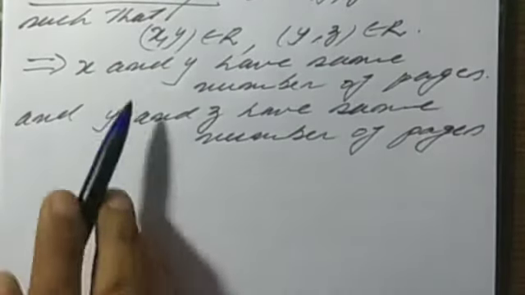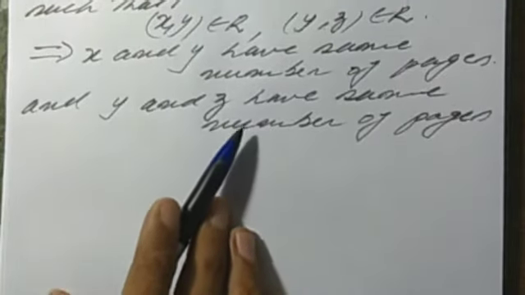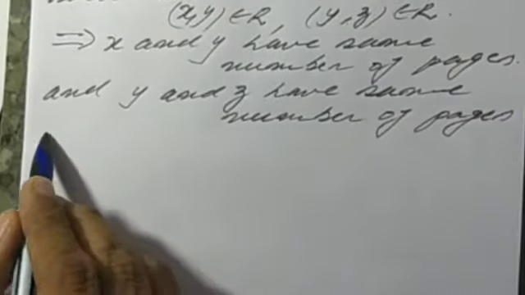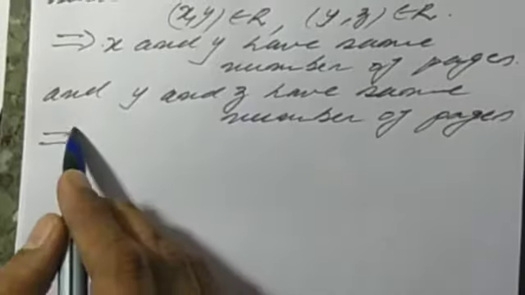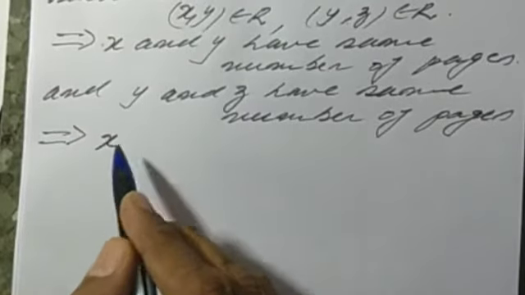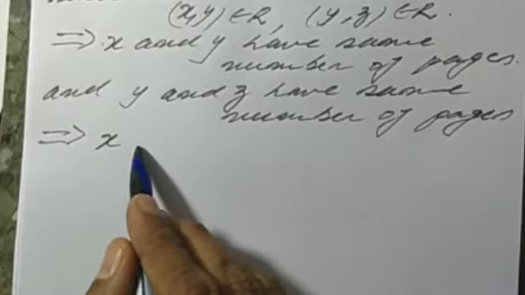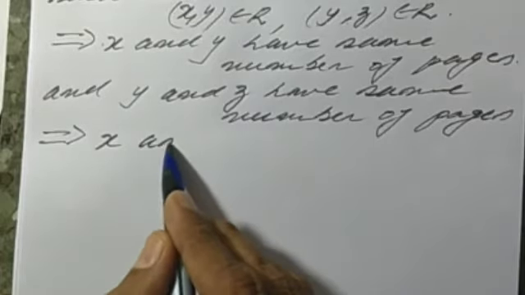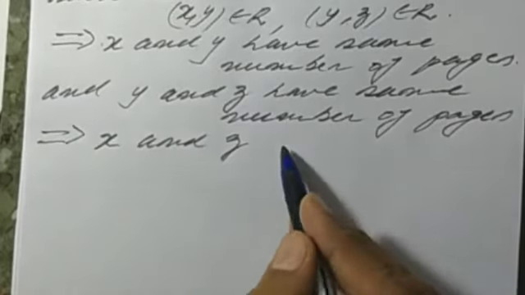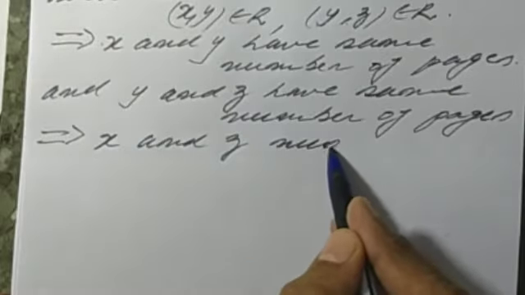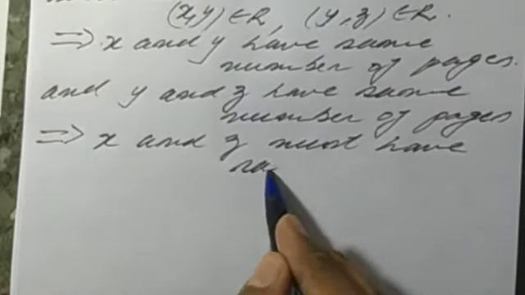So obviously if x and y have the same number of pages and y and z have the same number of pages, then certainly x and z must also have the same number of pages.